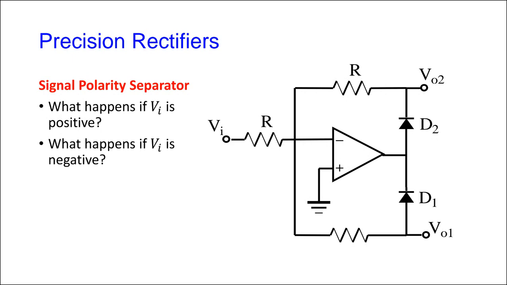One of these diodes is going to turn on and one is going to turn off. If Vn goes positive, what happens to the output of the op amp?